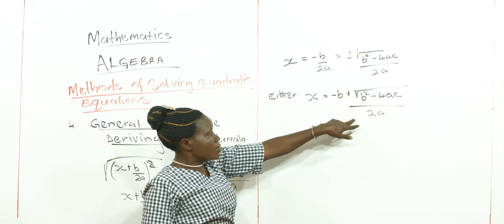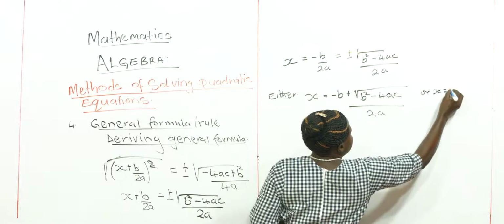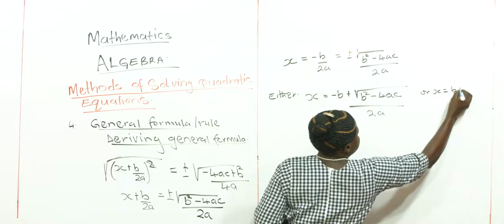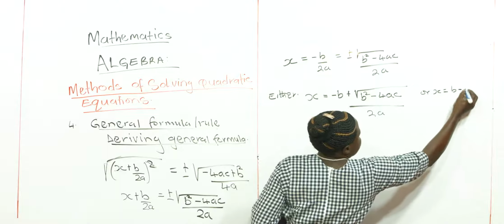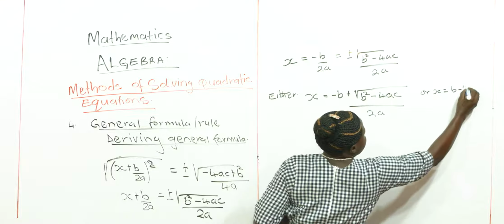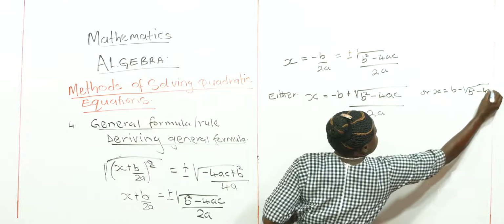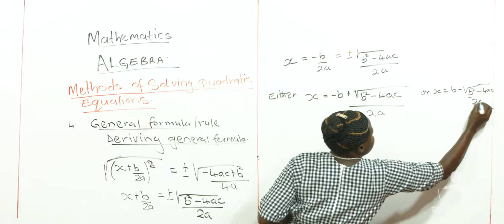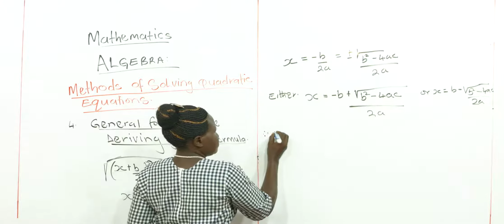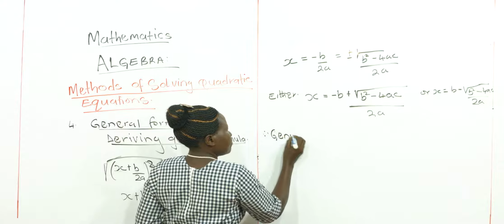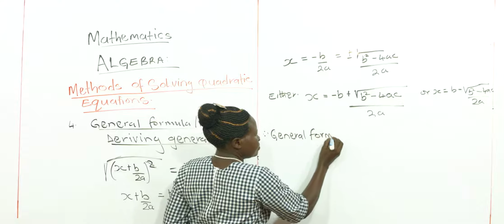Or you may say x equals to negative b minus the root of b squared minus 4ac out of 2a. So for us to have what we call the general formula, we simply say, therefore, the general formula will contain both terms at the same time.